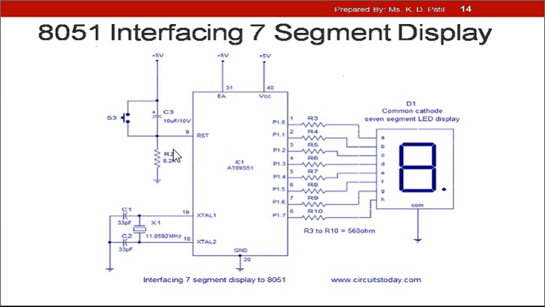To eliminate the bouncing condition. As you know, when we are sending 0 or 1 from one point to another point, it can bounce a number of times. So to eliminate that bouncing condition, we do require a switch. S3 is the switch connected here, and for that switch to work we will require one capacitor and one resistor. That's the reason they are connected to the reset pin.